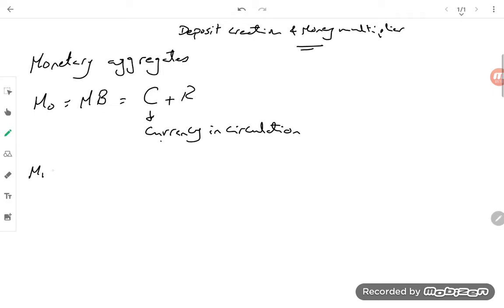M1, which is the narrowest definition of money supply, consists of currency in circulation and demand deposits or checkable deposits.